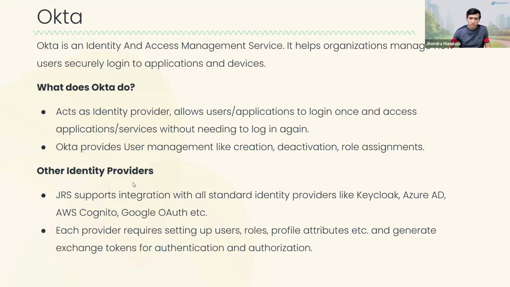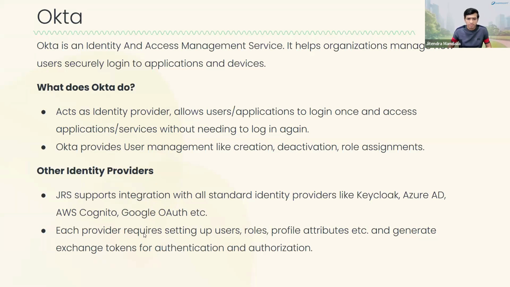Other identity providers. I just want to mention here that JRS supports integration with all standard identity providers like Keycloak, Azure AD, AWS Cognito, Google Auth, etc. But today we will talk about Okta as an example, like how to configure Okta and how to integrate that with Jasper Report Server with OAuth 2.0.